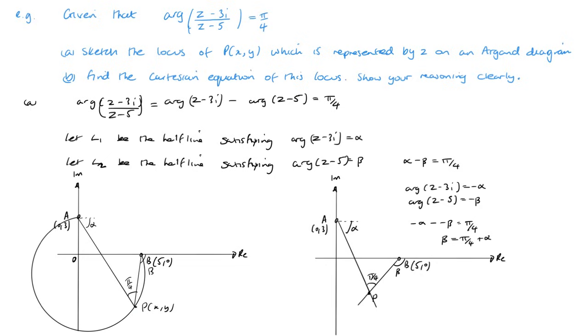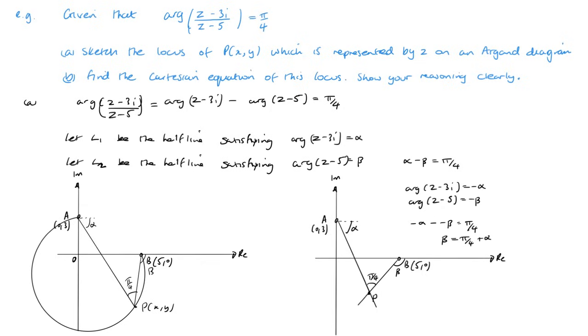Basically, when you've got the two points which will produce the half line, if you imagine joining these two together, you want to know whether it's that side of the line or that side of the line. So you always assume it's this side of the line first, and then look at the diagram, and if it's not that side, then it must be the other side.